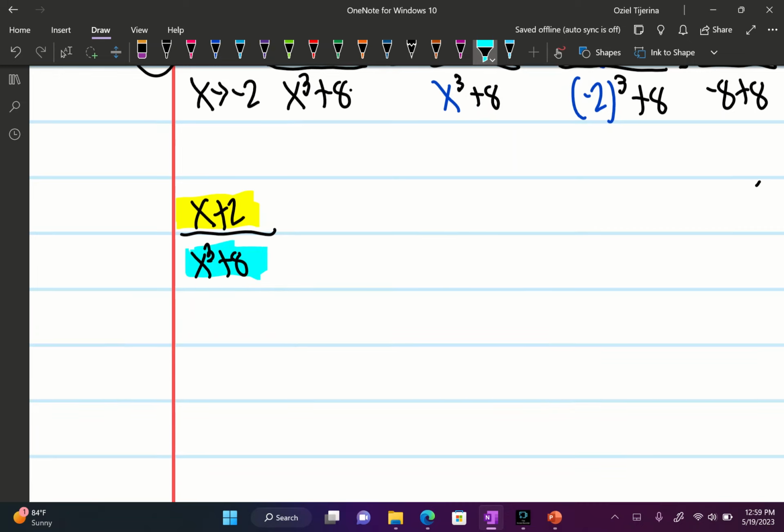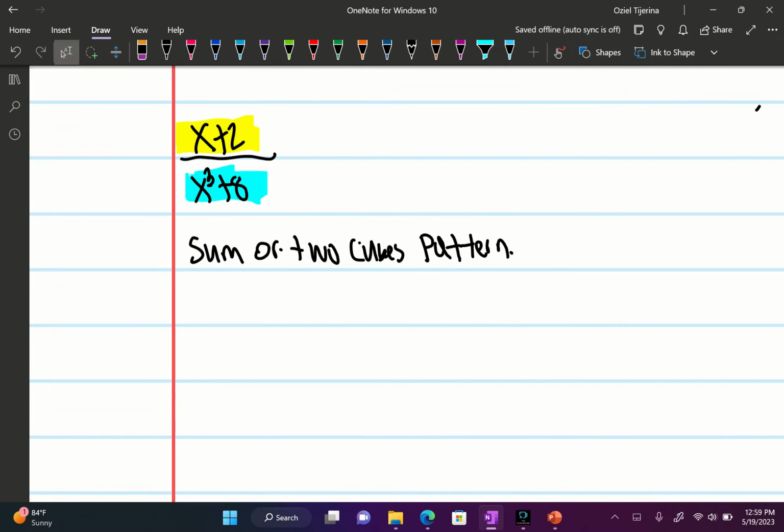And what we're going to use is the sum of 2 cubes pattern. Okay. Now, this is how it goes. It's going to go like this: x cubed minus y cubed.